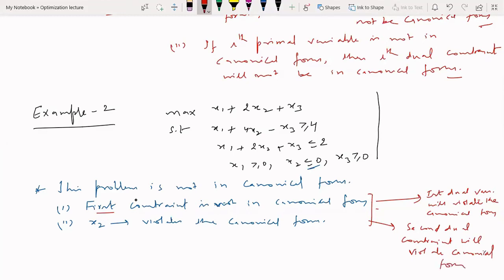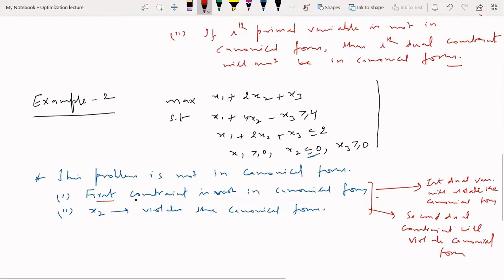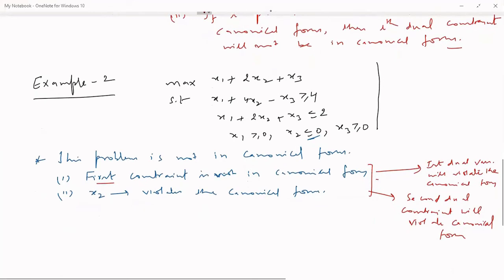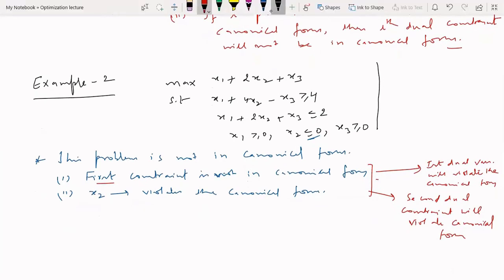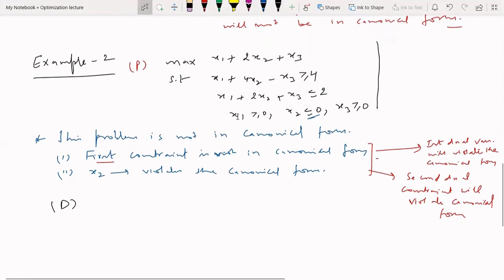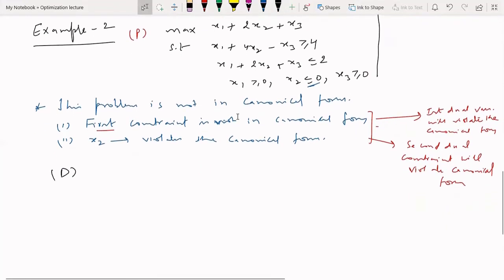Okay, so now we will write the dual directly without converting the problem into the canonical form. So what should be the dual then? If this is the primal problem, then my dual problem is nothing but, for maximization, the problem is what?